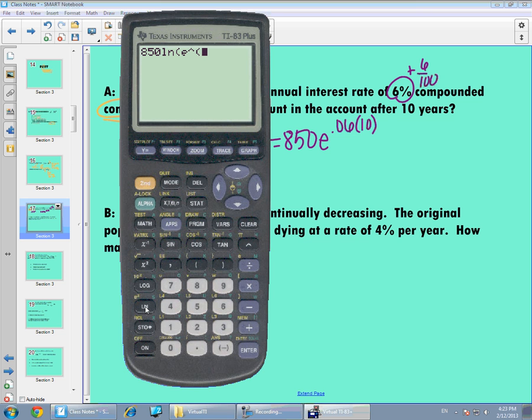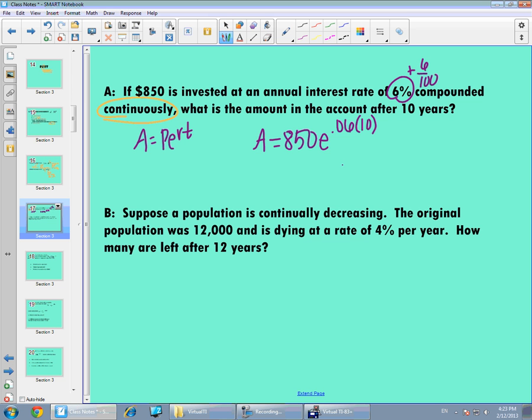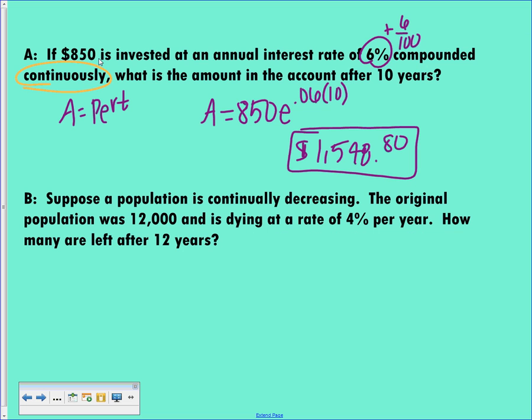So I hit second ln, and you get an e to the. Then you just put in 0.06 times 10 and close your parentheses, and there's your answer. You're looking for this little e to the, by your ln, and you just have to hit second first. Our final answer here is $1,548.80. Just plug it right in like that, and I don't need to see any work from there.